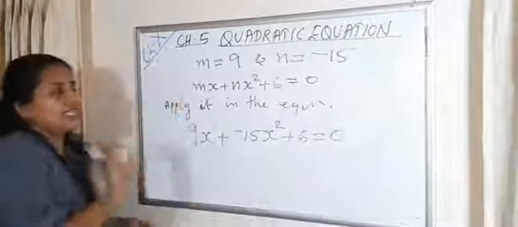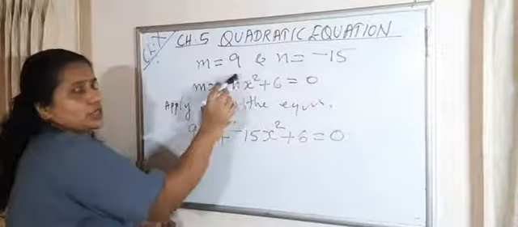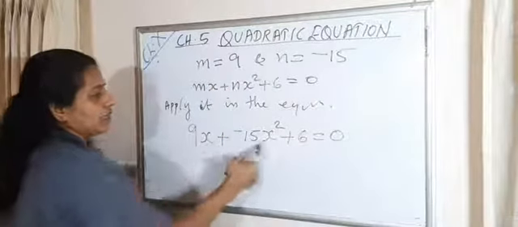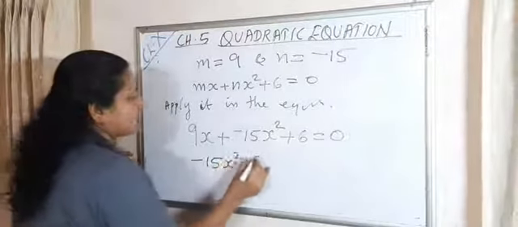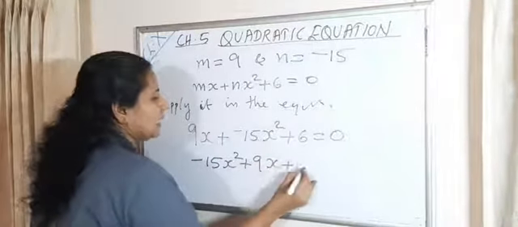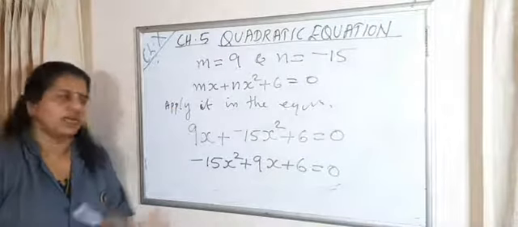We are always writing the quadratic power first, that is the power 2. So you can write negative 15x square plus 9x plus 6 is equal to 0. So this is your quadratic equation.